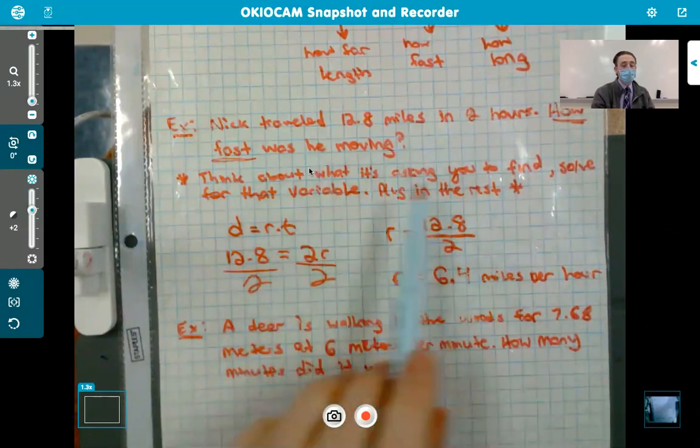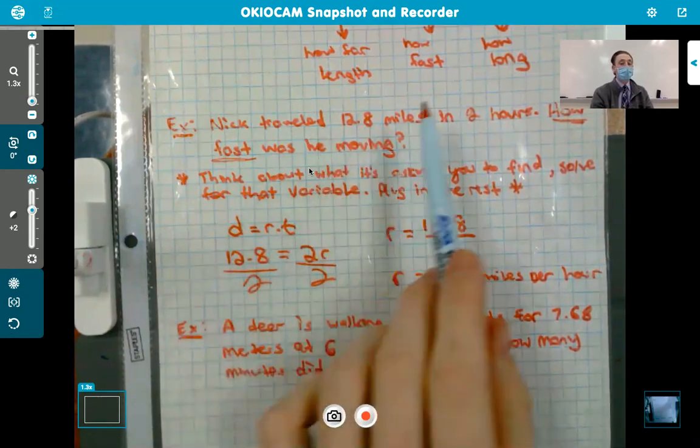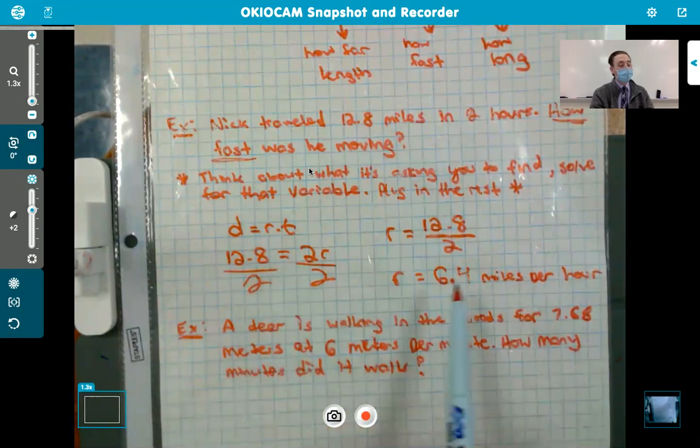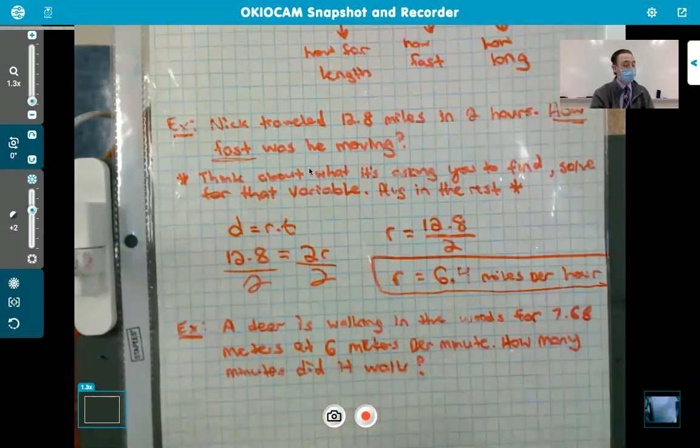That was the unknown value that I now found by setting up this equation, plugging in the variables that I did know, and then solving for the one that I didn't. So this would be your final answer. So if they ever ask you to find how fast something travels, you're finding your rate, you would set up that equation, plug in your values, and solve. Okay? Any questions about that first example?